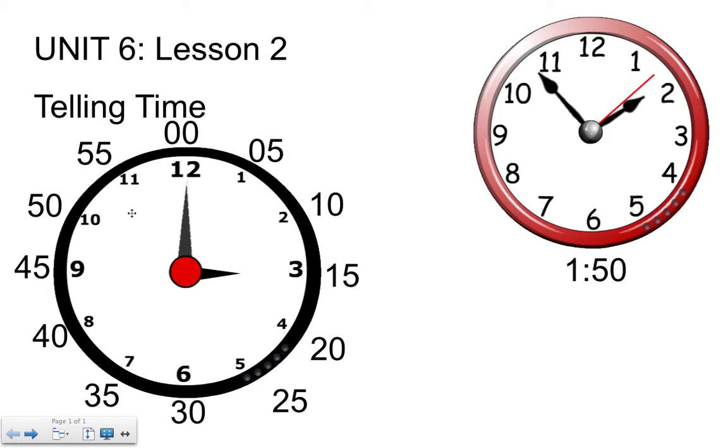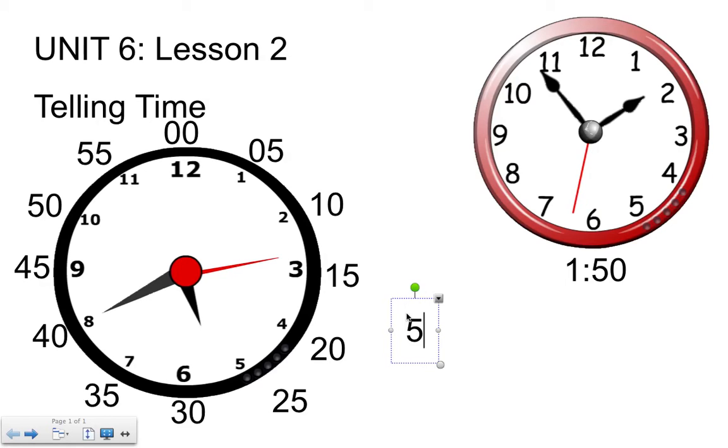Let's change the hour hand. The minute I'll go here, and the hour I'll go in between there. So again, same idea. We want to look at the smaller hand first, which is the hour hand. Now the hour hand is in between 5 and 6. It's not at 6 yet. Because it's not at 6 yet, it's still 5 o'clock.